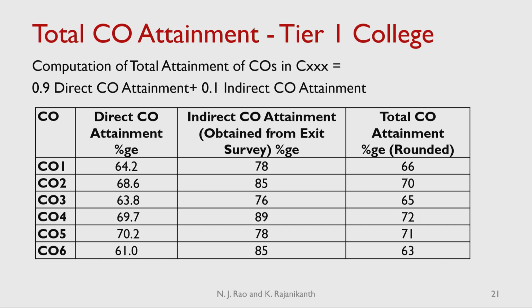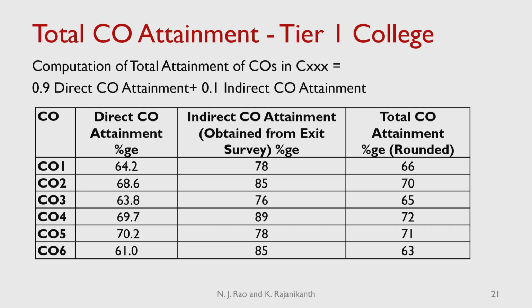So from all the assessment instruments in the CAE and SEE put together, the direct CO attainment is 64.2 and the indirect CO attainment is 78. Combining these two, 0.9 into 64.2 plus 0.1 into 78 gives us the total CO attainment as a rounded value of 66%. So it looks a little bit complex, but it is fairly straightforward.